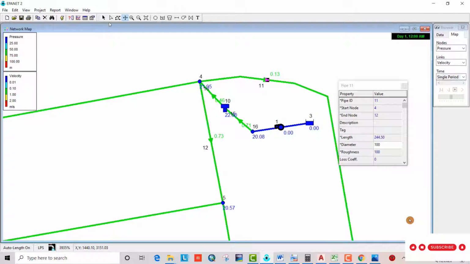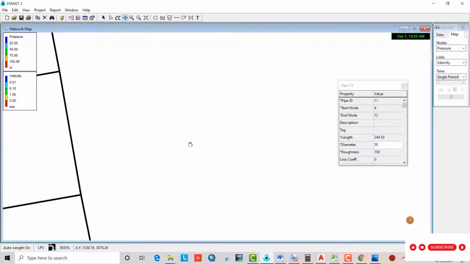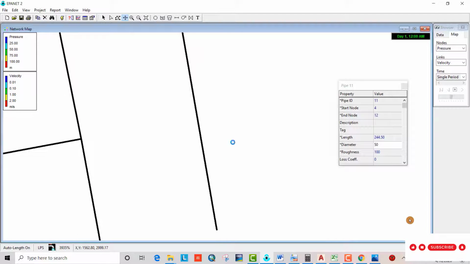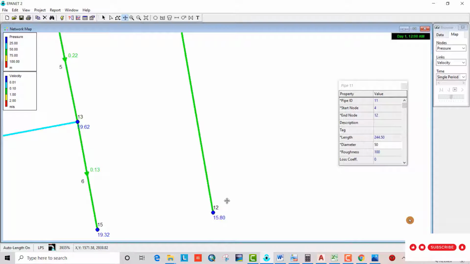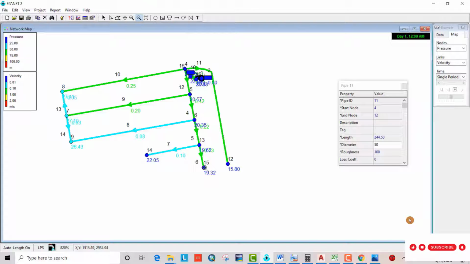This pipe is 0.13. Can change it to 50. 0.5 is good. But let's check pressure. This pipe, there's no problem, it's good.